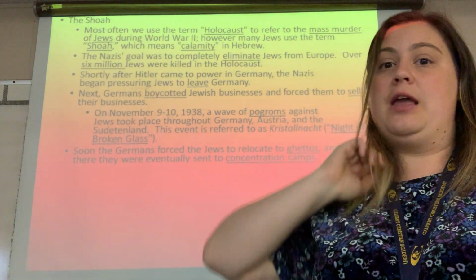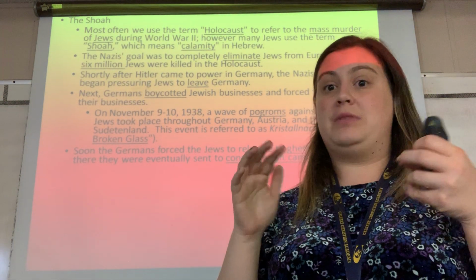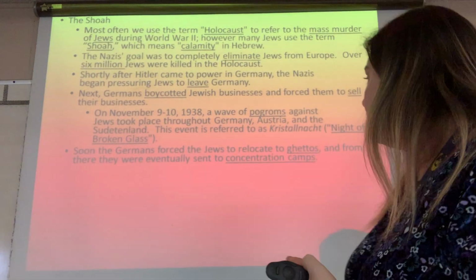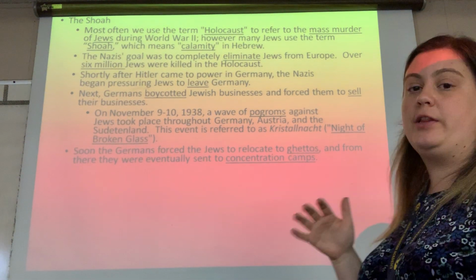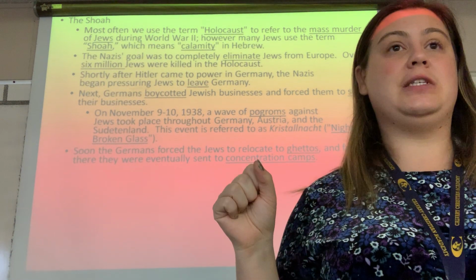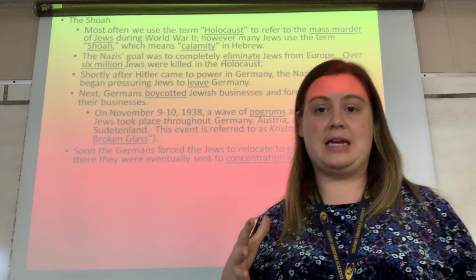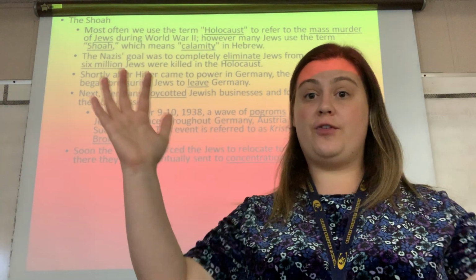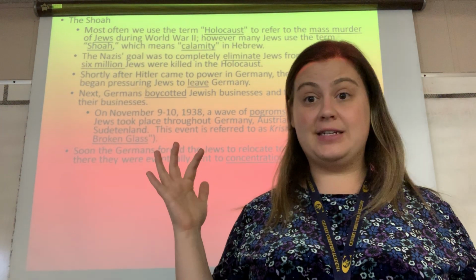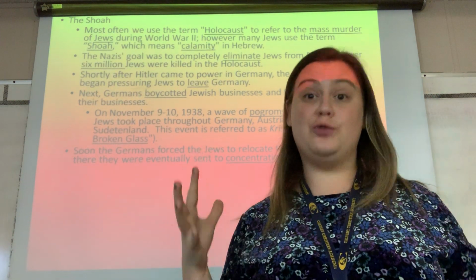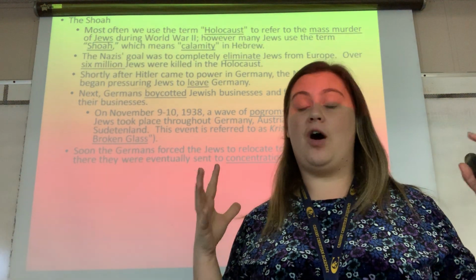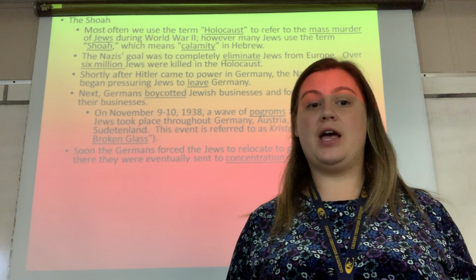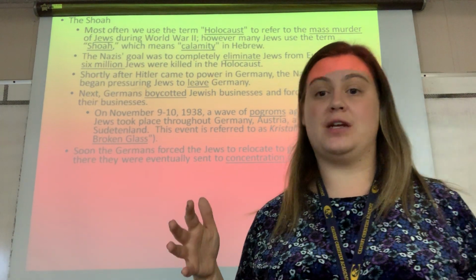A ghetto is a poor neighborhood, essentially. So the Jews were forced to relocate to ghettos. What they did was take a section of a city, fence it off, build a wall around it essentially, and say, this is now the Jewish section of town. All the Jews have to move into this area, and you're not allowed to go into the rest of the community.